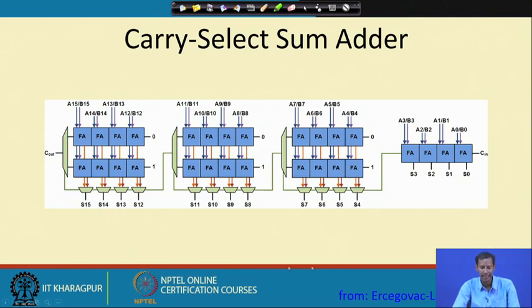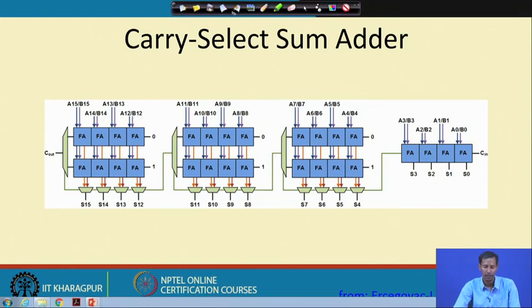But in the carry select adder, instead we do two ripple carry addition operations in parallel: one considering the carry input as 0 and another considering the carry input bit as 1. Why do I need to do that?